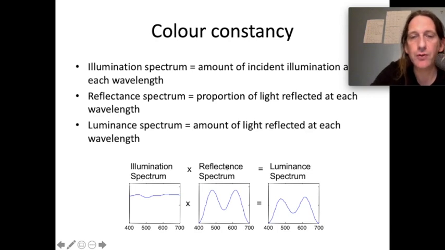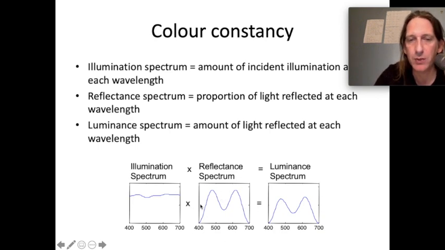The reflectance spectrum is the proportion of light reflected at each wavelength by the object. This is the internal physical property of the object that doesn't change. This object is going to reflect frequencies where there are peaks, and it's going to absorb frequencies where there are troughs in this spectrum.